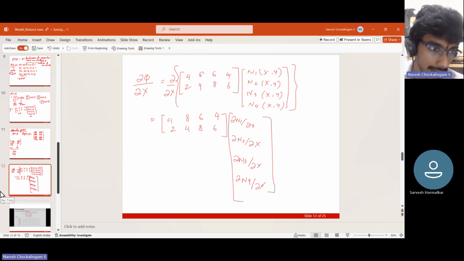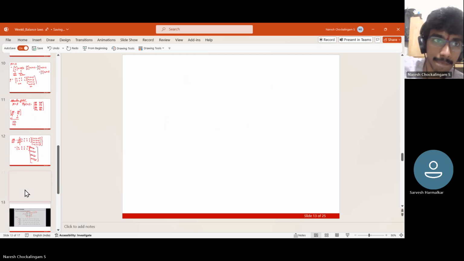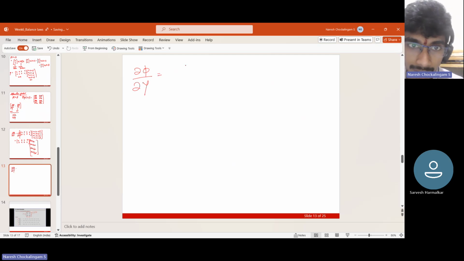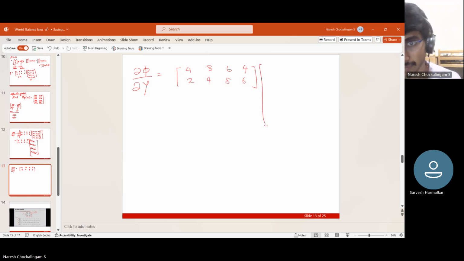Similarly, what about the second column? The second column will be dou phi by dou y, and that will be in similar fashion: the same matrix times dou n1 by dou y, dou n2 by dou y, dou n3 by dou y, and dou n4 by dou y.